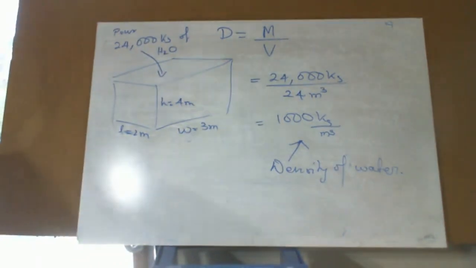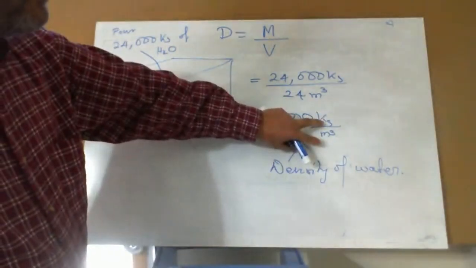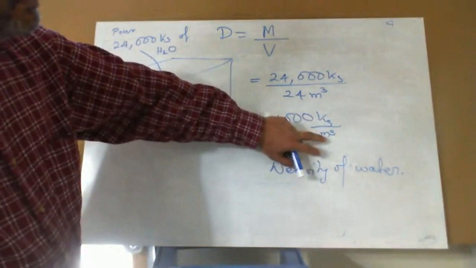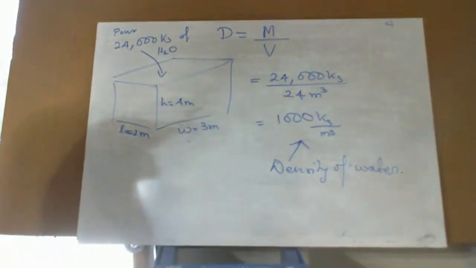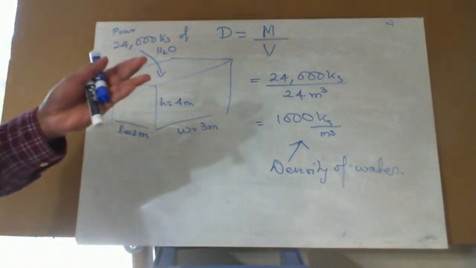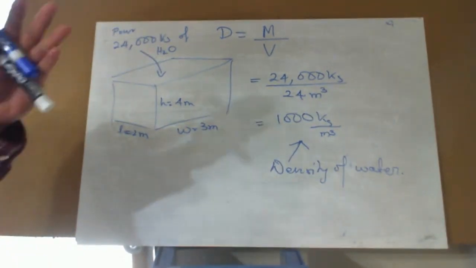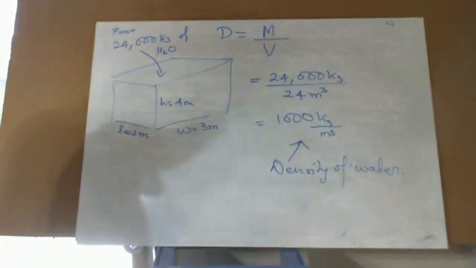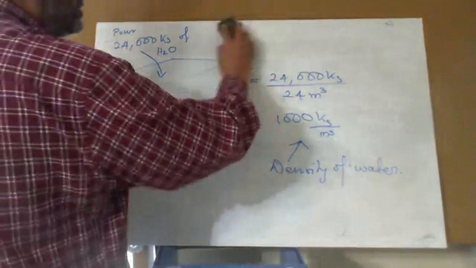If I want to convert it into grams, sometimes the units are written as grams per cubic centimeter. What if I want to convert it from 1,000 kilograms per cubic meter to grams per cubic centimeter? All right, so let's try to figure that out.